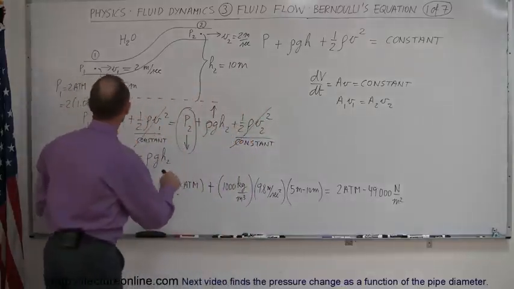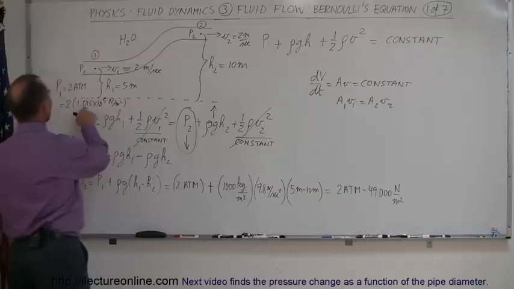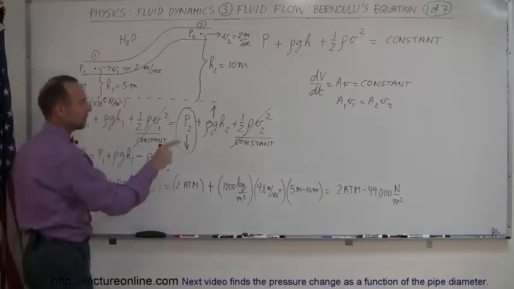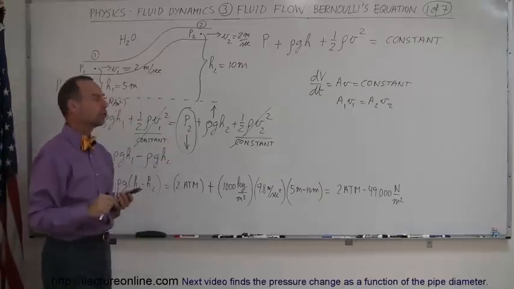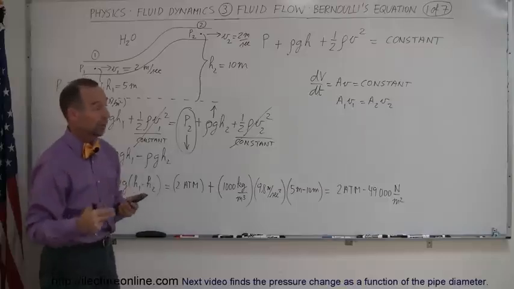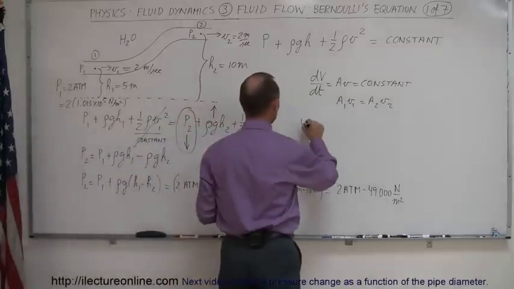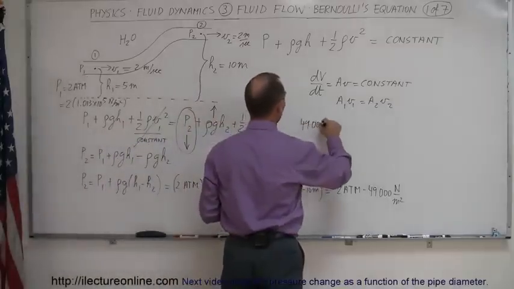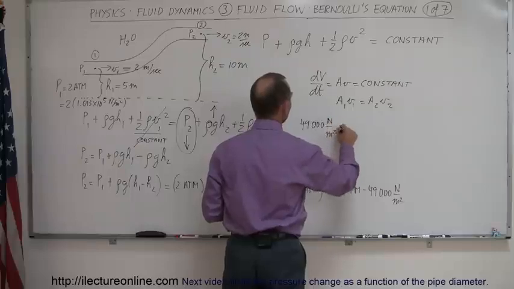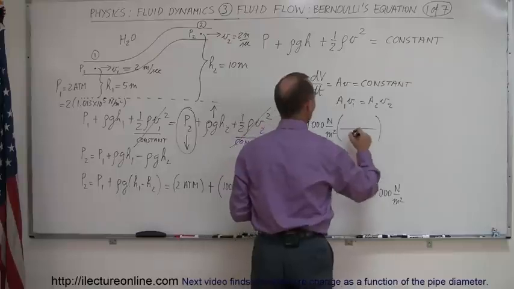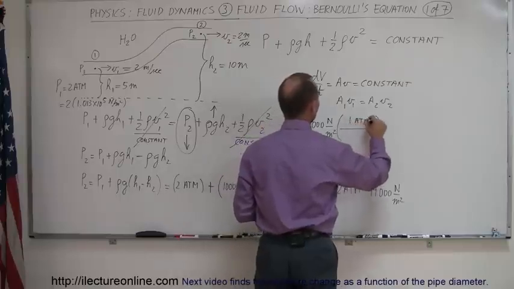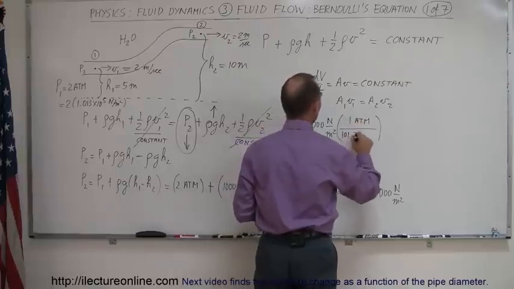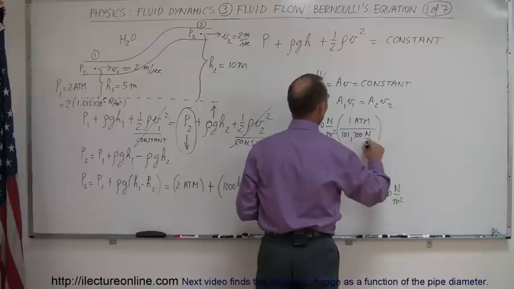Now, if 1 atmosphere is 101,300 newtons per square meter, what is 49,000 newtons per square meter in terms of atmospheres? Let's do that real quick here. If I have 49,000 newtons per square meter, and we convert that to atmospheres, 1 atmosphere is equal to 101,300 newtons per square meter.